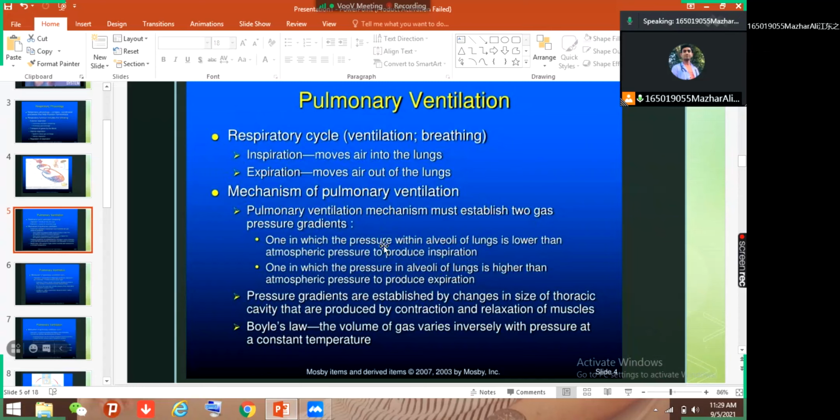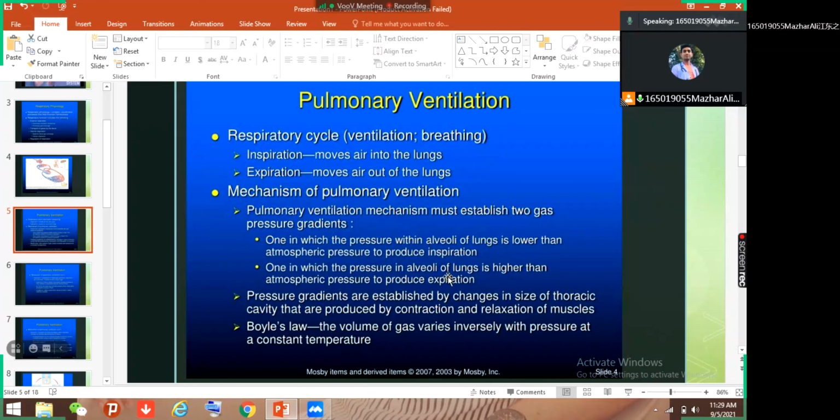When alveolar pressure is less and atmospheric pressure is more, you take in oxygen; you make an inspiratory effort. So for inspiration, the alveolar pressure must be lower than the atmospheric pressure in the external environment, and then you produce inspiration.